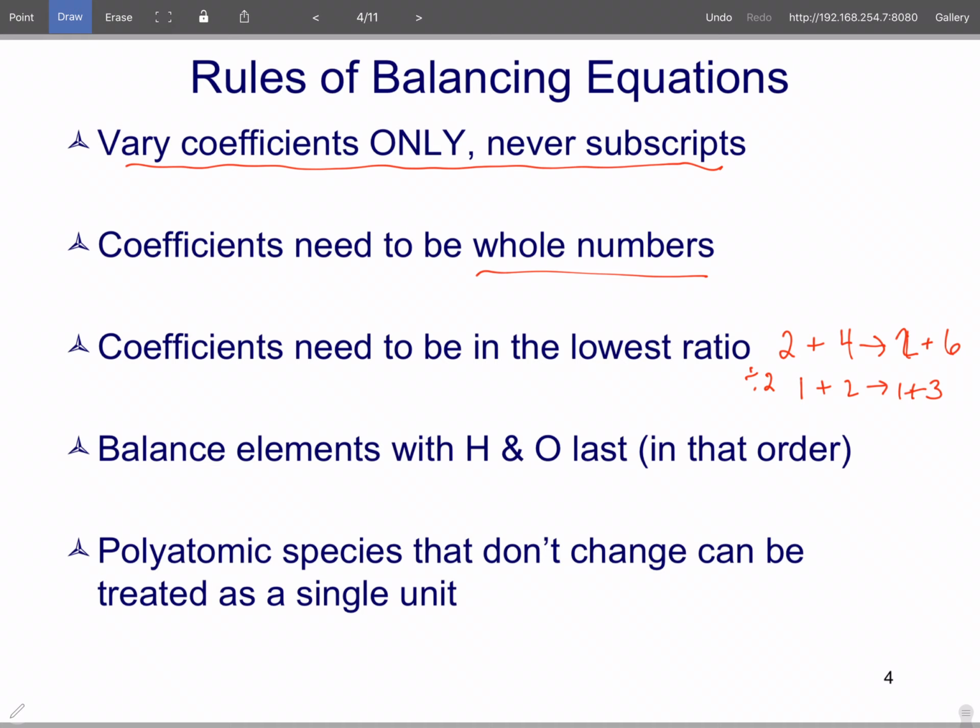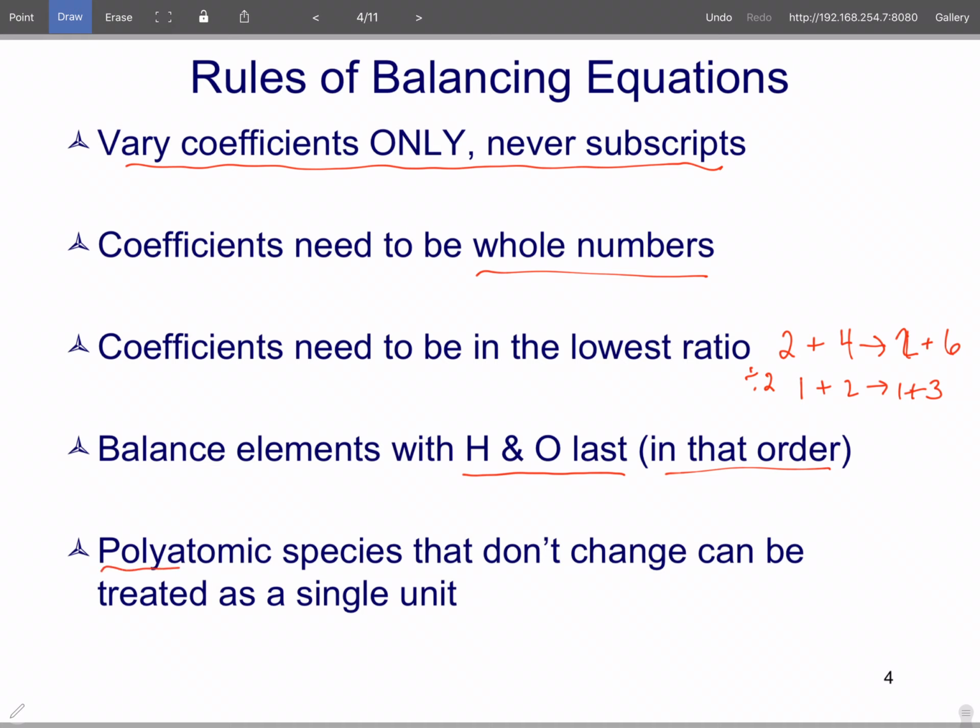And again, I didn't put in compounds, but I wanted to show you. Now, in general, it is easier to balance if you balance hydrogen and oxygen last, in that order. What that means is balance all the other species first, then balance hydrogen, and then oftentimes oxygen at that point will either be balanced or easy to balance. If you try to balance oxygen first, it tends to mess up all your other elements in terms of species.